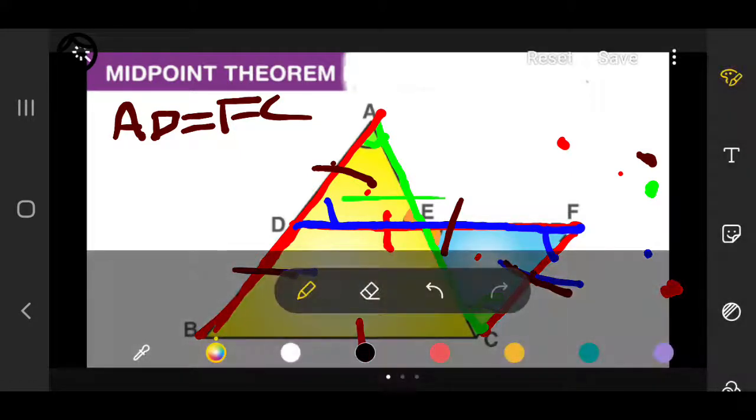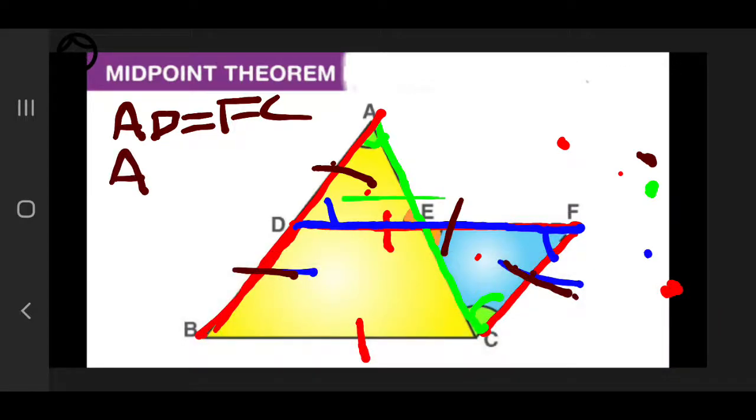So AD equals FC. And the two angles at the ends of AD, angle A equals angle C, angle D equals angle F, are two angles and the included side: ASA.